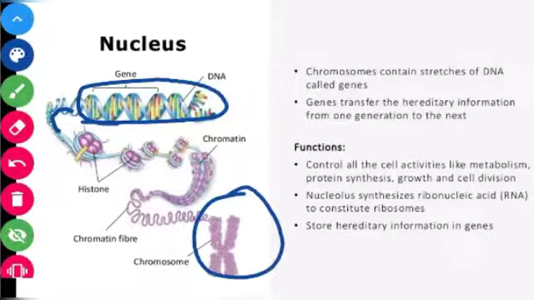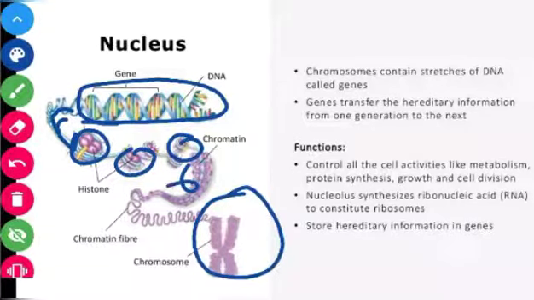Between this, some histone proteins come in, an octamer, because there are 8 histones in one roll of DNA. Finally it condenses and forms one chromosome.